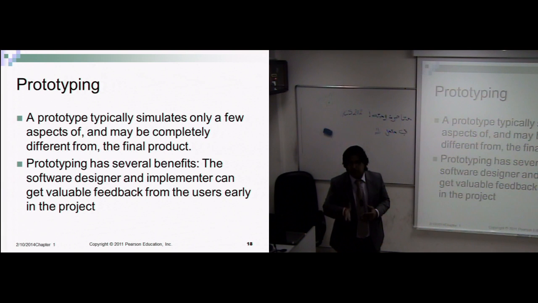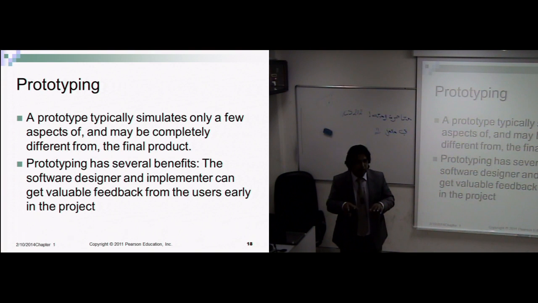and see if this meets your requirements or not. So the user starts using it, and then they say, okay, it meets some of our requirements but not all of them, maybe in major or minor ways. Then they further elaborate and explain their requirements to the development team.